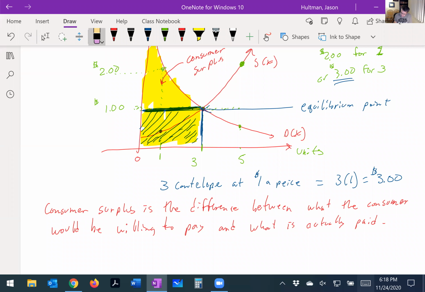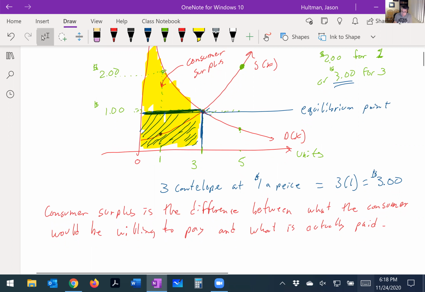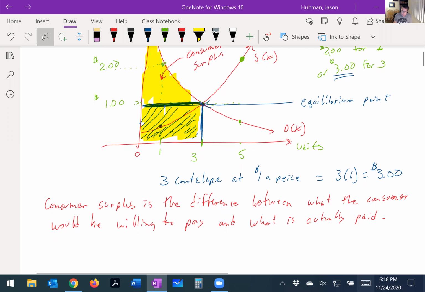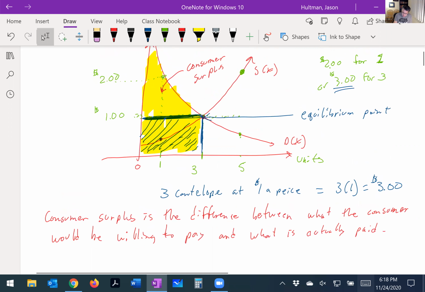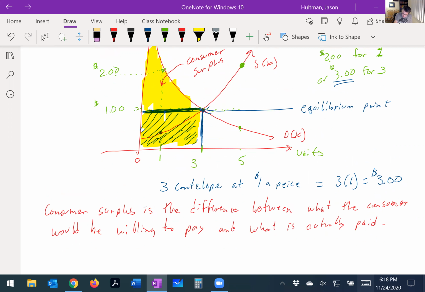So how are we going to find the area under the curve? Well, we have a demand curve, right? The top of the curve here is d of x.